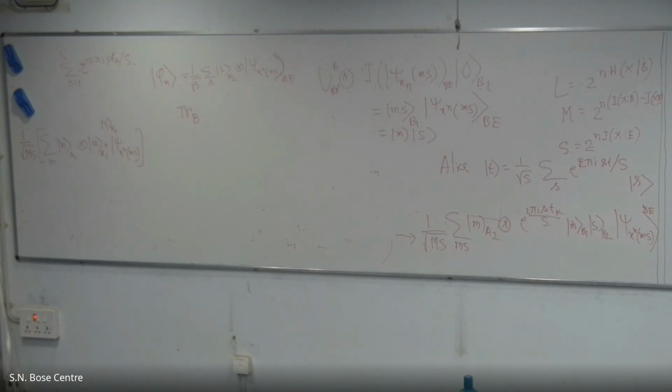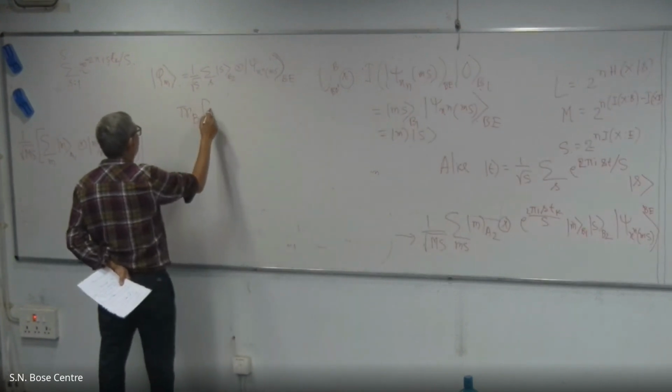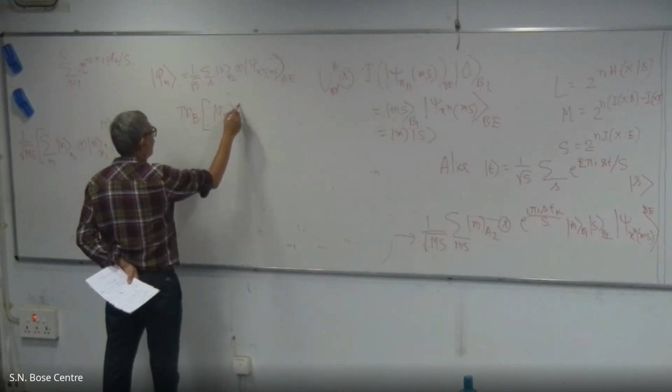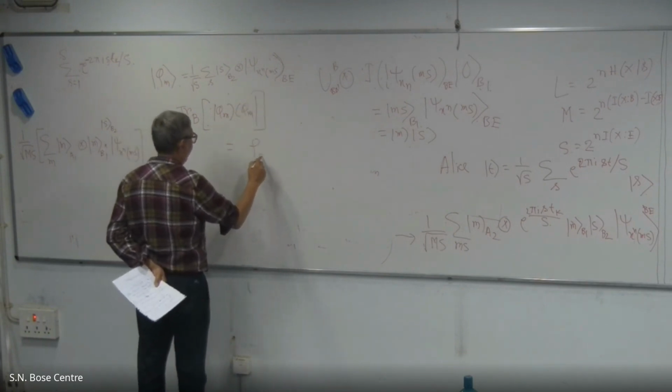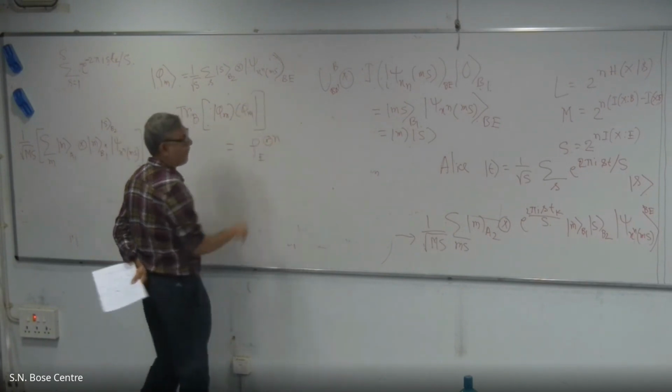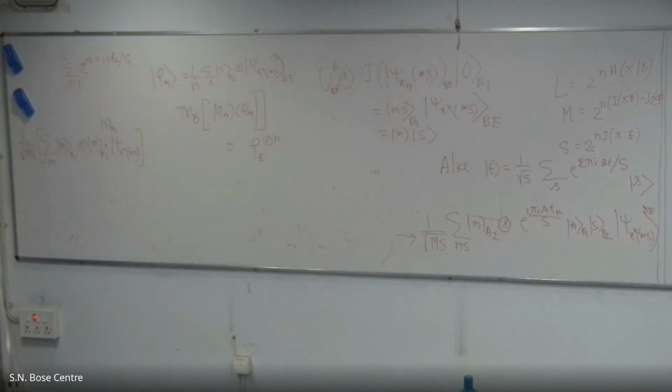E and B is always fixed. If you take the density matrix form, there will be a sum of only S and there is one by S.